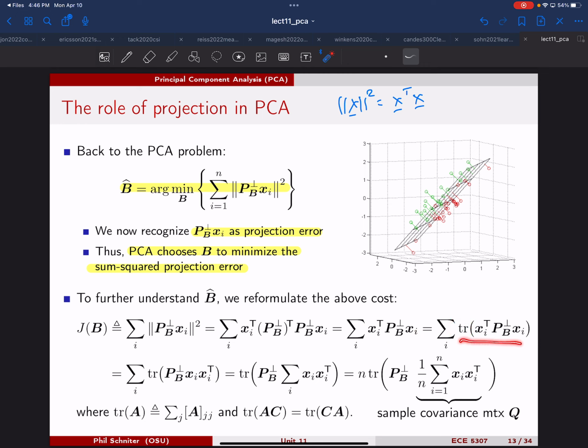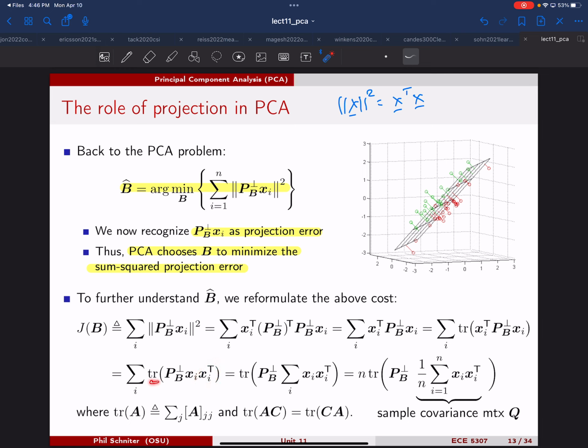But once the trace is there, we can use this wonderful property that applies inside a trace, that trace of A times C is trace of C times A. You can swap the order of any two matrices in a trace. So this is amazing because, as we know, without the trace, you can't do this, right? Matrices don't work that way. But inside a trace, you can. So what we can do is move this one to the end. So that brings us over here.